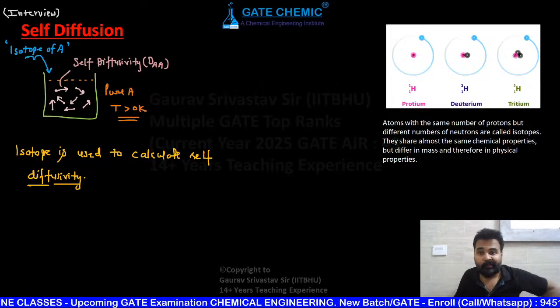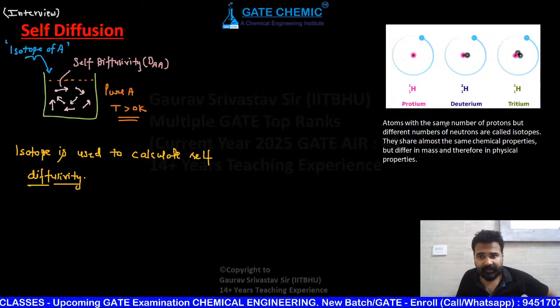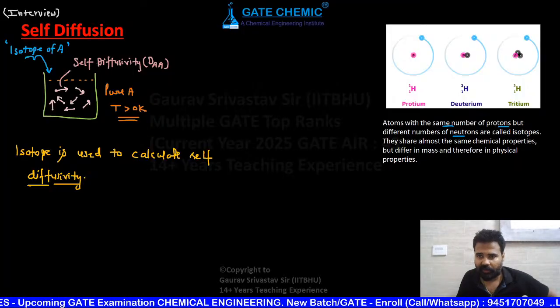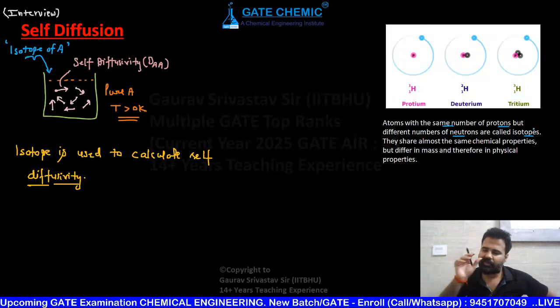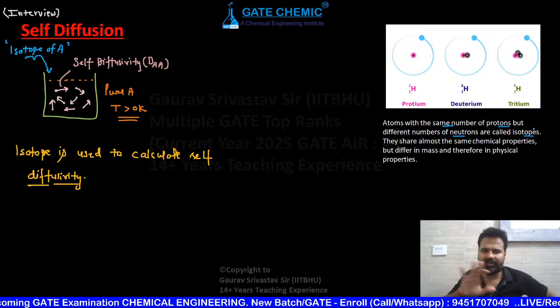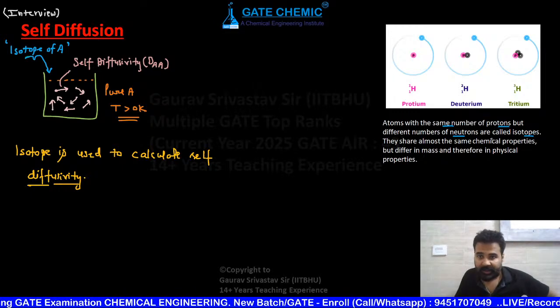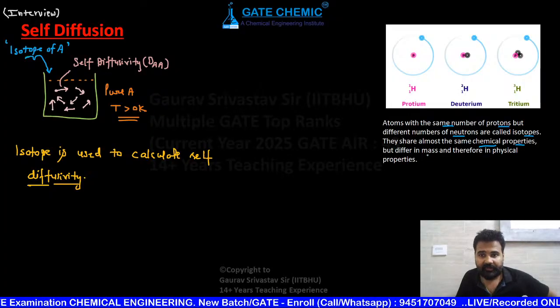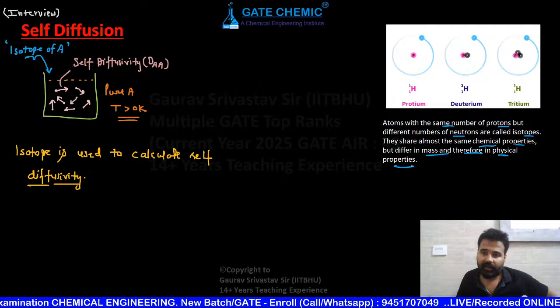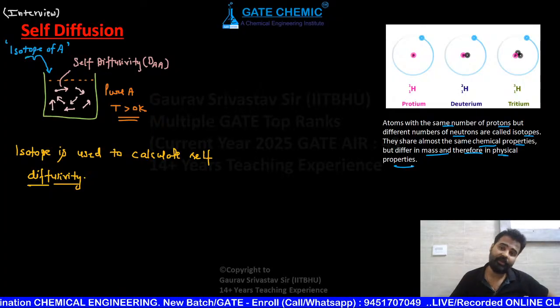Actually what is an isotope? Atoms with the same number of protons but different number of neutrons are called isotopes. Not important for chemical engineering, important for chemistry students. Isotopes share almost the same chemical properties. This line is important, but differ in mass and therefore in physical properties.